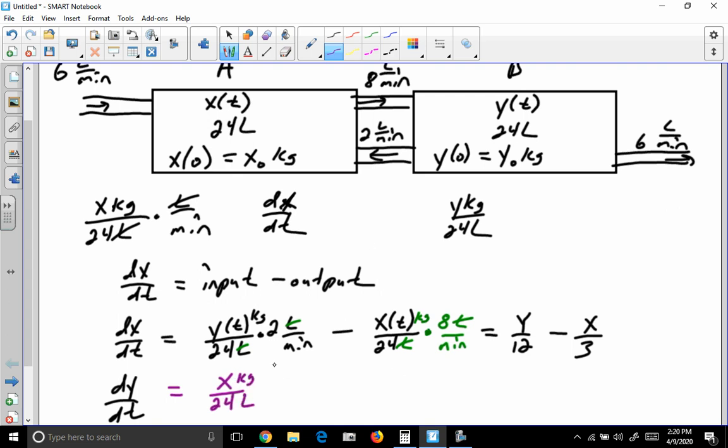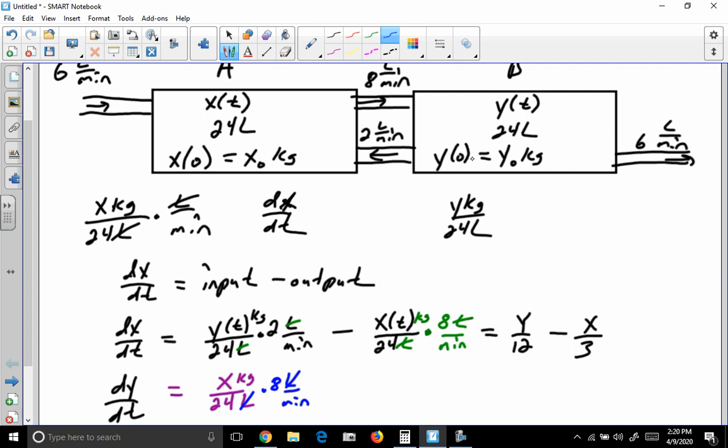That gives us the concentration, and the rate at which it's entering into tank B is 8 liters per minute. That lets us know how many kilograms per minute of salt are coming into this tank.